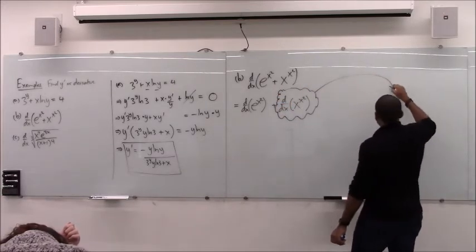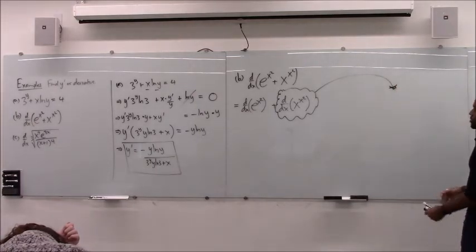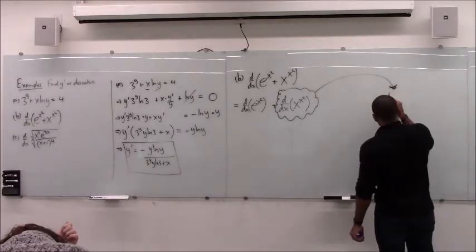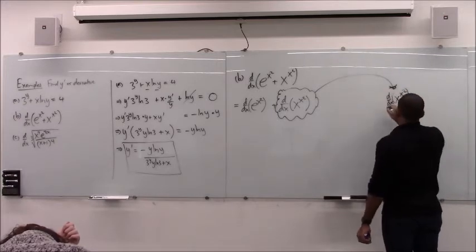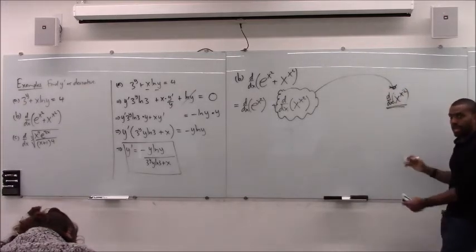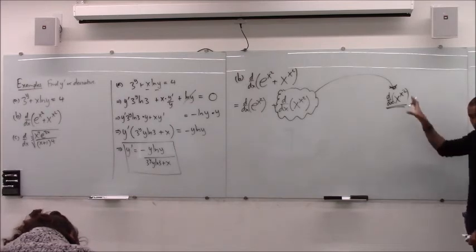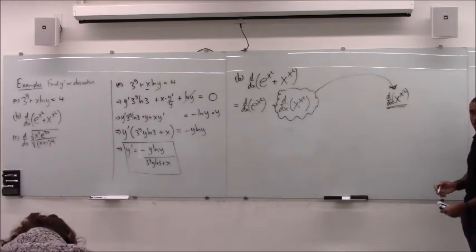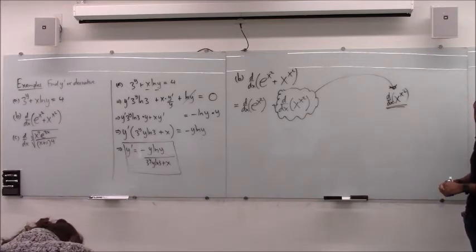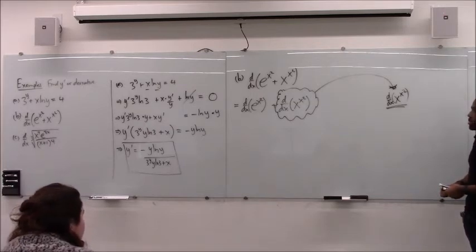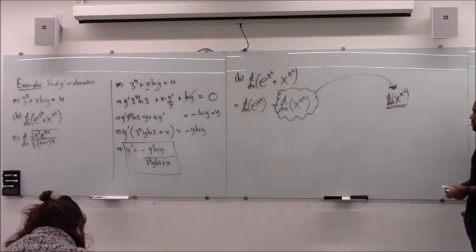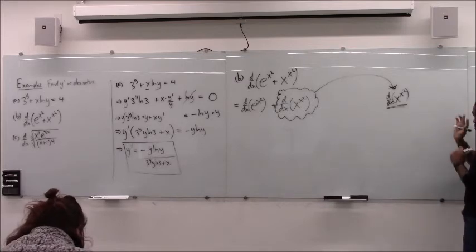Do your scratch work and focus on how I would differentiate this guy. If I have x to the x squared by itself, how do I differentiate it?